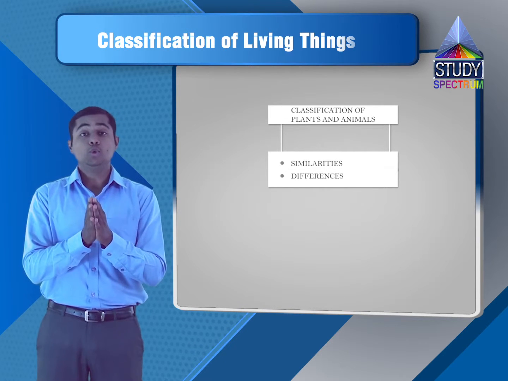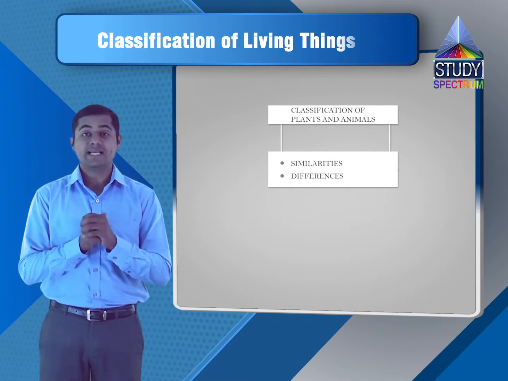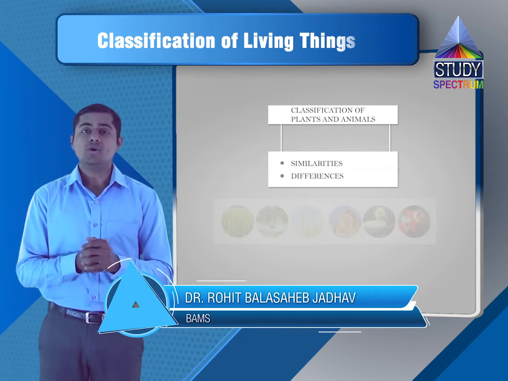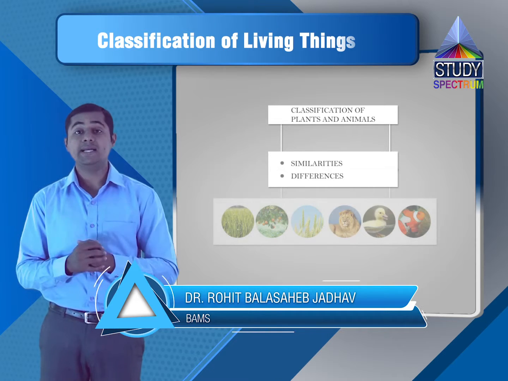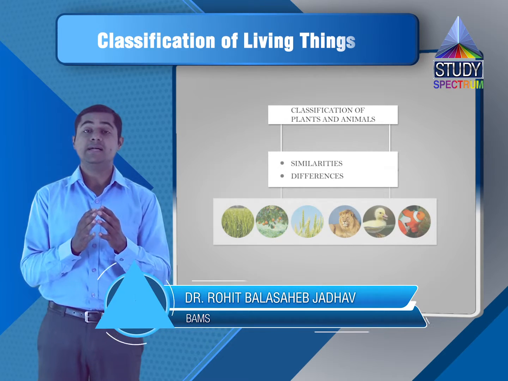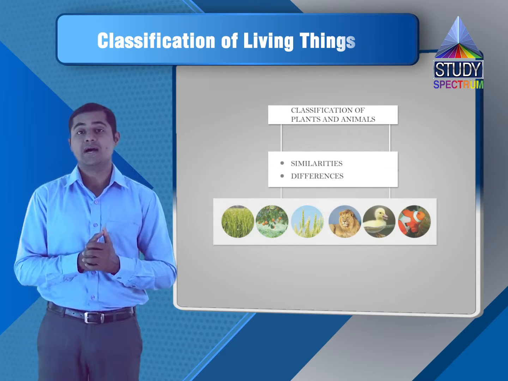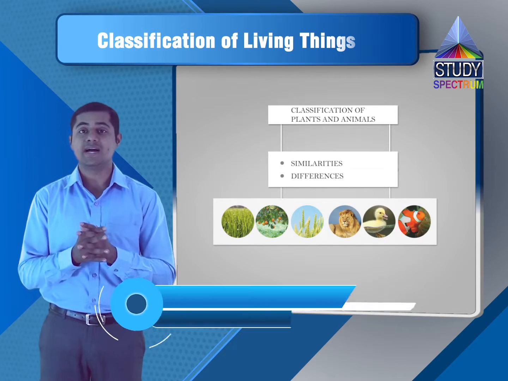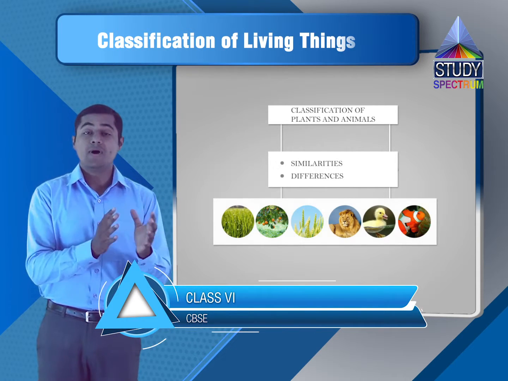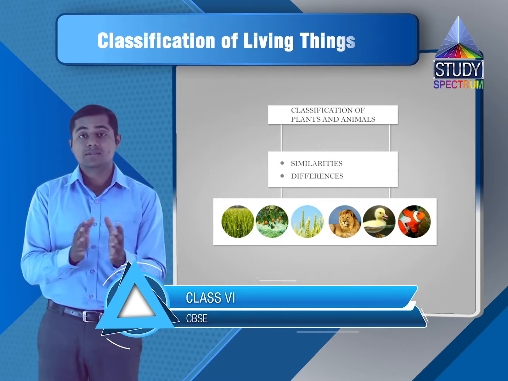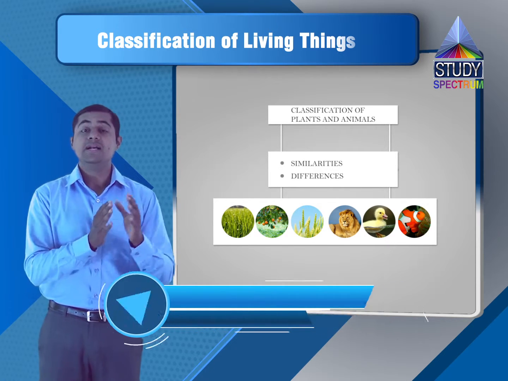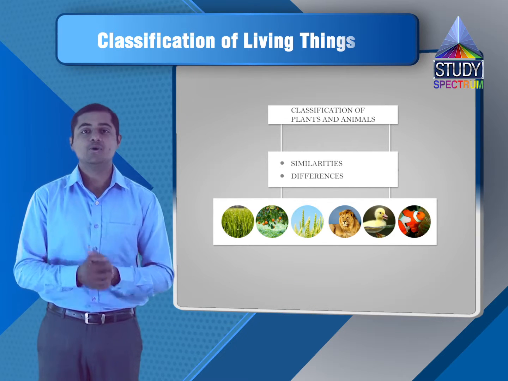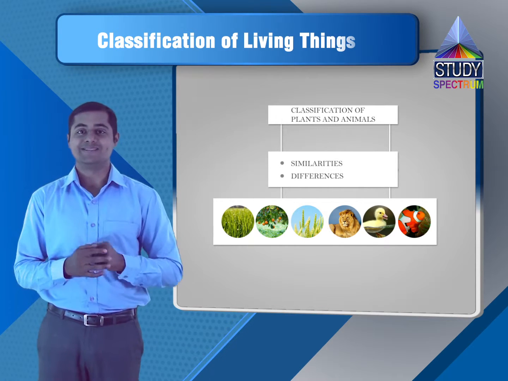And there is a huge variety we can see in living things. So on the basis of these similarities, differences and variety, we can generate specific criteria. And on the basis of those criteria, we divide and classify these living organisms into different groups so that we can study them better.